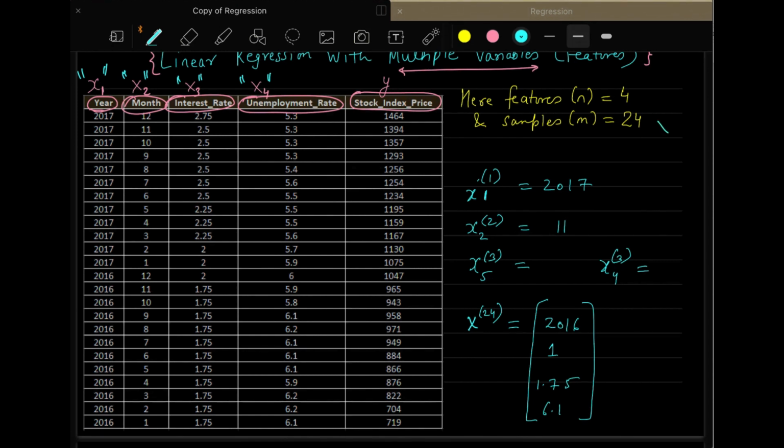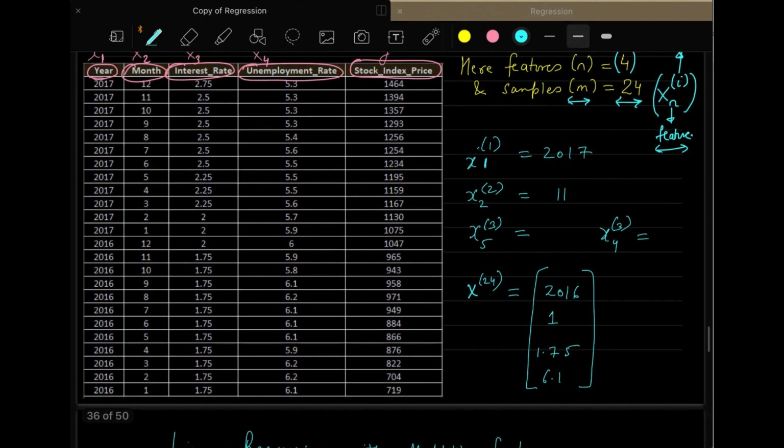This is the general expression which I am writing over here. x superscript i is the sample, which sample you are looking at, and subscript n is which feature you are looking at. So here the total number of features is 4 and the total number of samples is 24.